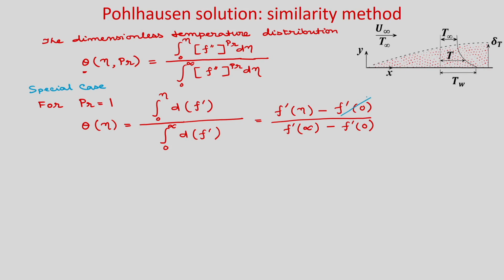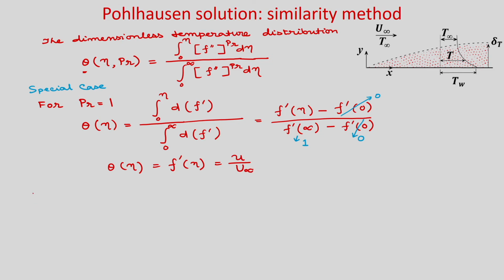So, you can see this is 0 and this is also 0. And what is f prime at eta tends to infinity? That is 1, because u tends to u infinity. So, this is 1. So, you can see from this expression that theta eta is equal to f prime eta, and what is f prime? It is nothing but u by u infinity.